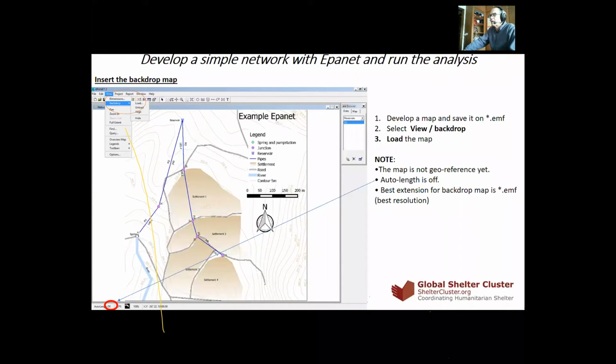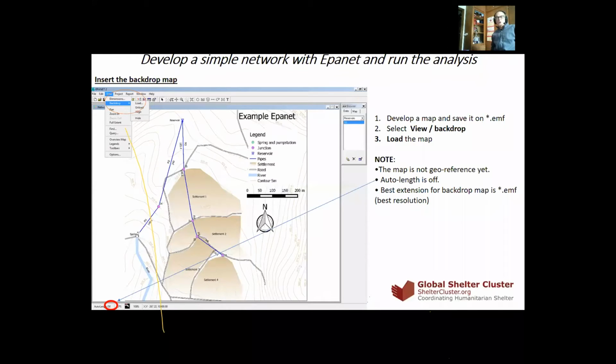Okay, now you open your EPANET, and what you do first is upload your backdrop map into EPANET. It's a map that you have previously developed in AutoCAD or GIS, and this is important so that you have a background and you can draw your network somewhat realistically.